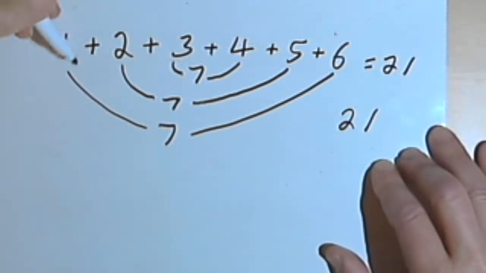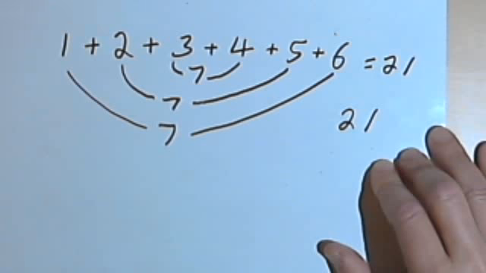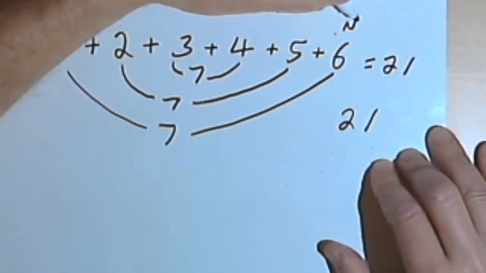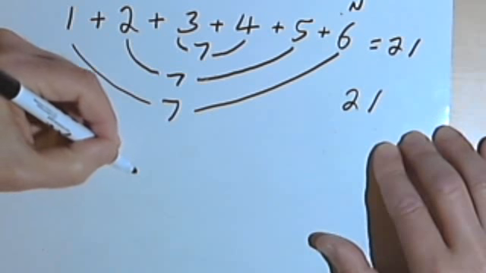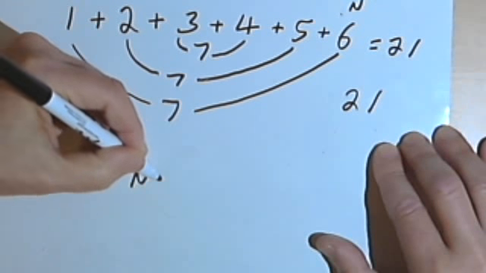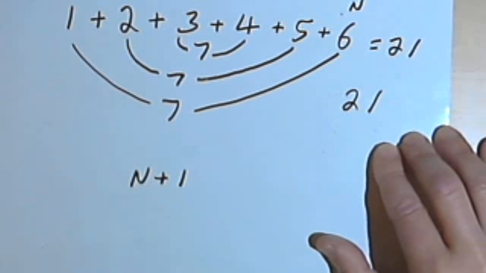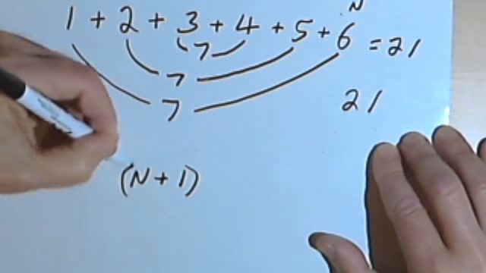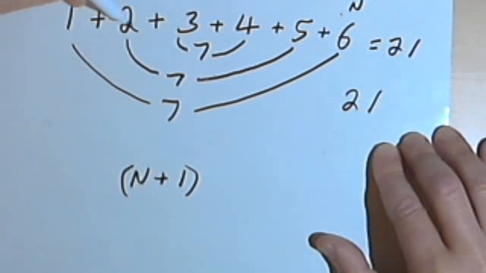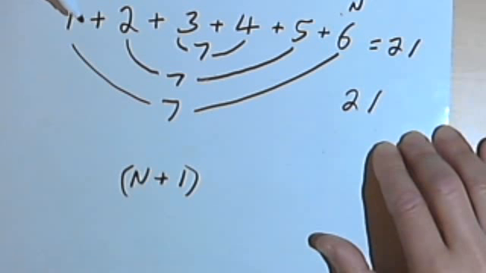Well, the first thing was I took the first number and the last number and added them together. So to make this a general rule, instead of saying the last number, let's call that number n. So in other words, I added together n, the last number, and the first number. So that's n plus 1. And then I had to figure out how many pairs of those numbers I had.